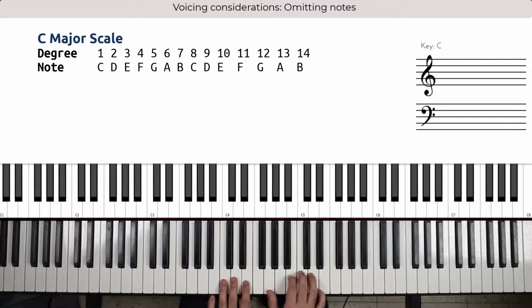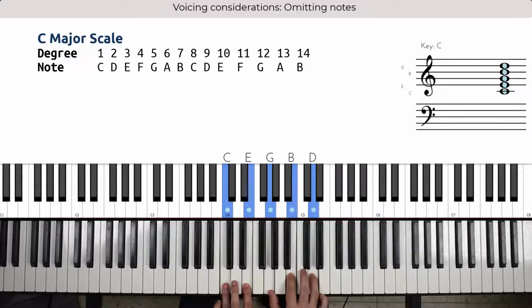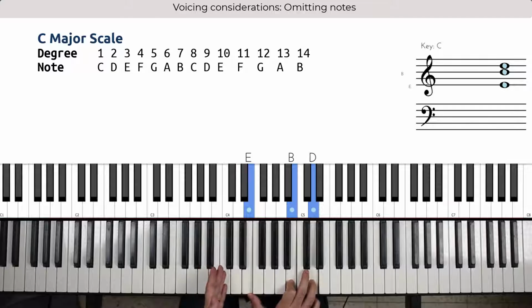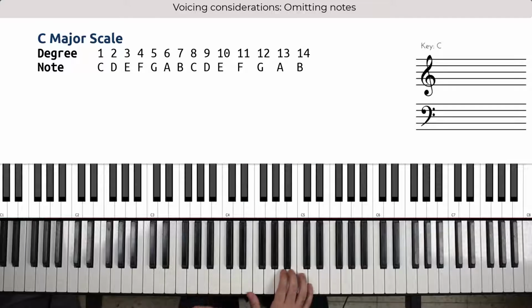In the case of our C major 9 chord, we have the 3rd, 7th, and 9th, the highest degree, and we can omit the 1st and the 5th because they're not altered, and they're not 3, 7, or highest. So this means that we can also voice our C major 9 like this. Again, I'm not saying this is artistically desirable, but it is a valid voicing.